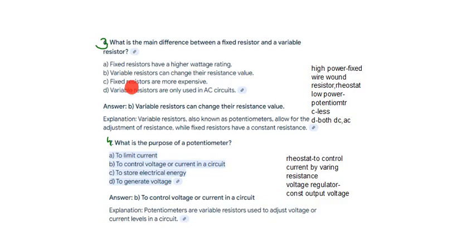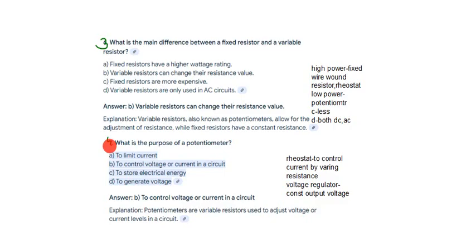Fixed resistors are more expensive? Fixed resistors are less expensive than variable, so it is false. Variable resistors are only used in AC circuits? False, they can be used in both AC and DC circuits. So the answer is option B. Variable resistors can change their resistance value.